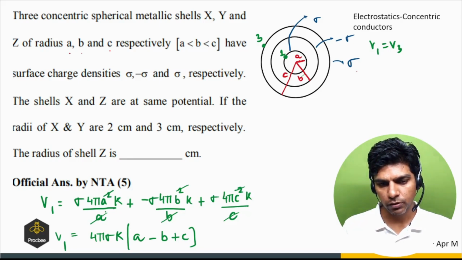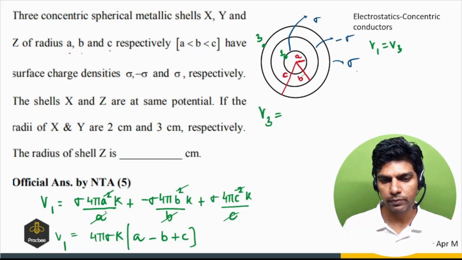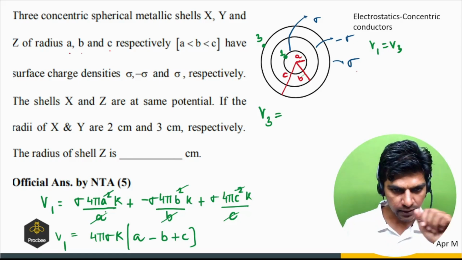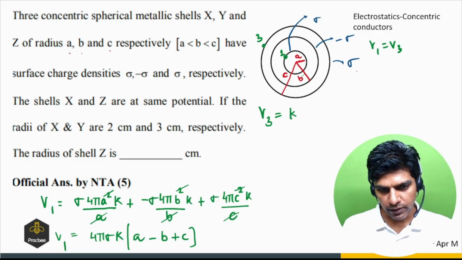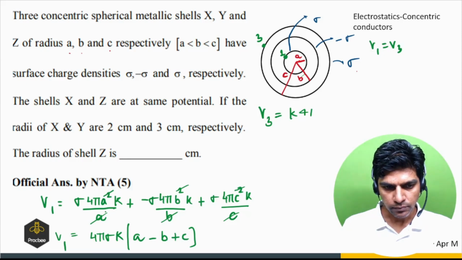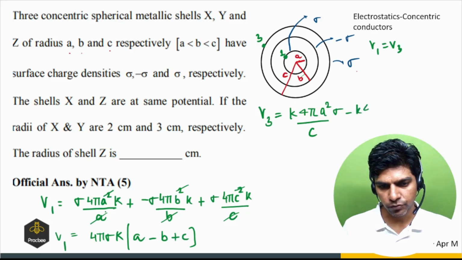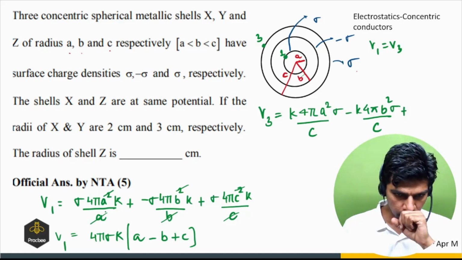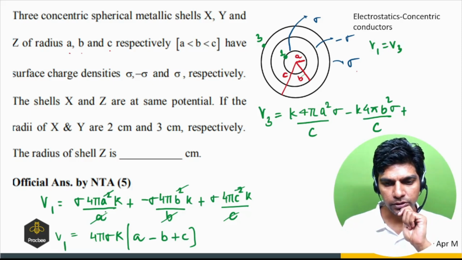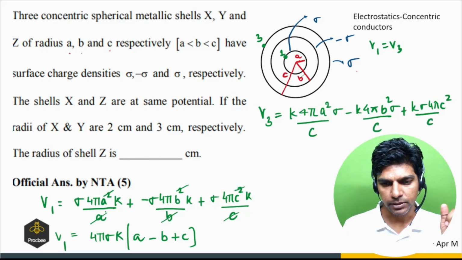Now what is the potential of the outermost shell? So potential of the outermost shell will be again the contribution by all the charges present. So due to the charge on the inner sphere, it will be k 4 pi a square times sigma divided by c, and due to the charge on the middle shell, it will be k 4 pi b square times sigma divided by c, and due to the outermost, it will be k sigma 4 pi c square divided by c.